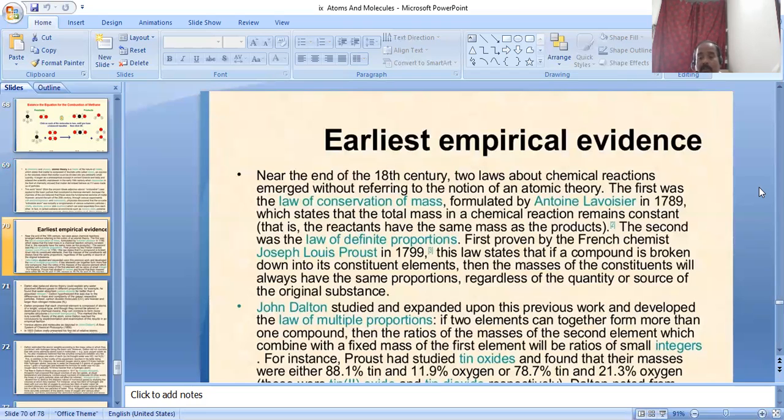The first reactant's value is 56, so 56 plus 44 equals 100. After the reaction, CaCO3, calcium carbonate, is formed, with one calcium, one carbon and three oxygen atoms. One calcium has a mass of 40, one carbon has a mass of 12, and three oxygen is 16 times 3, which is 48.